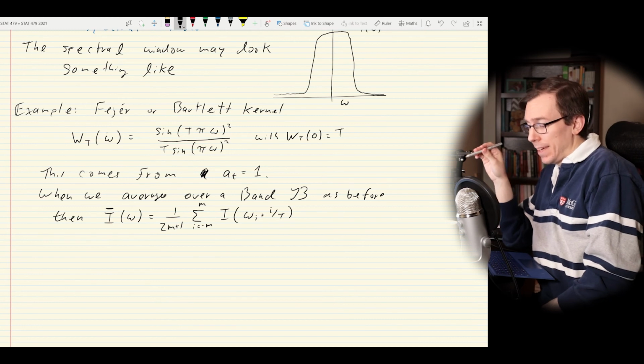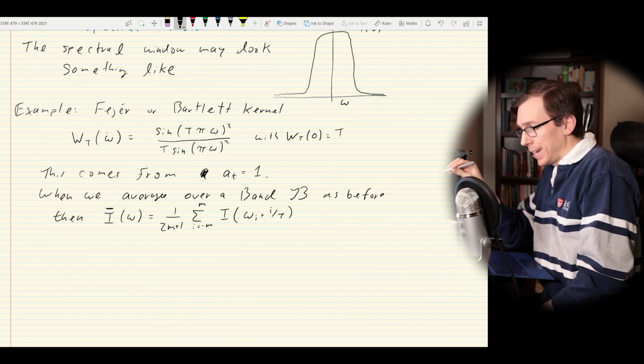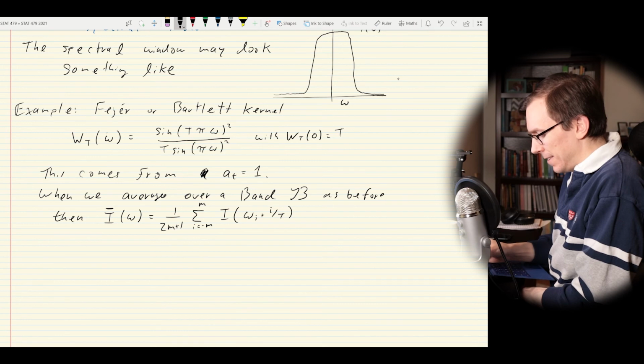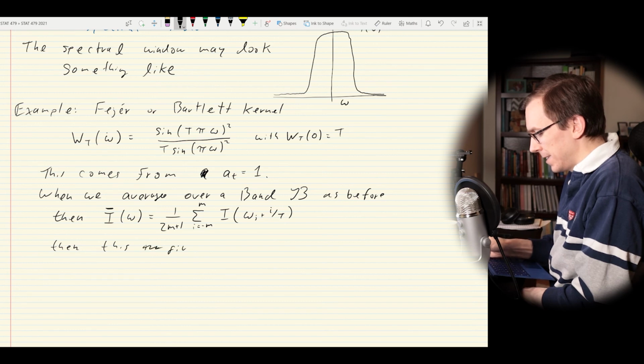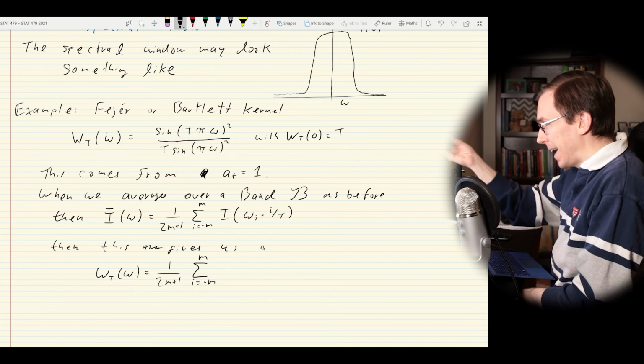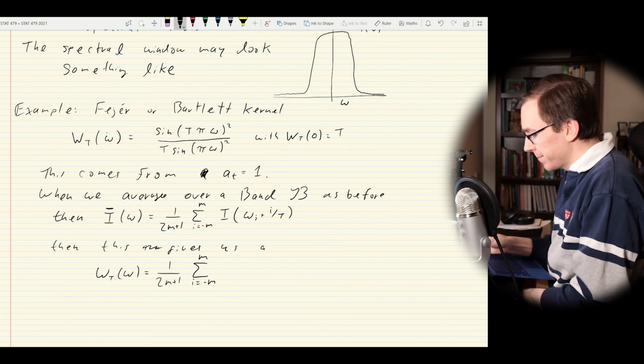Well, it turns out that this is equivalent to tapering with a specific spectral window, and that gives us a W_T of omega, which so happens to just be 1 over 2m plus 1 times the sum over i from minus m to plus m of that exact same kernel above: the sine of n pi times omega plus i over t.